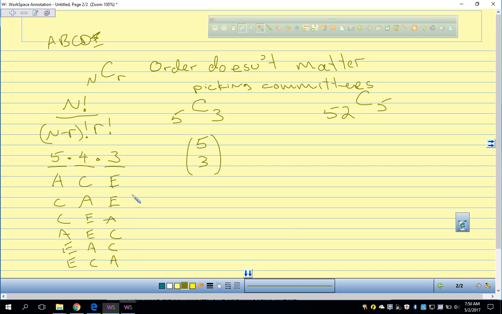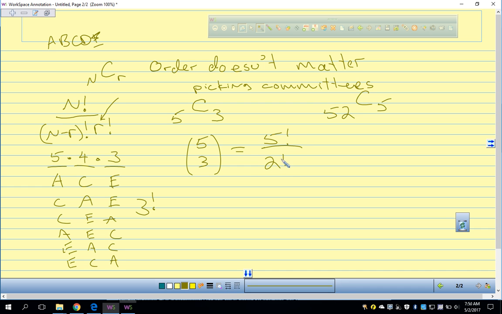Turns out there are 3 factorial ways to arrange those 3 positions for those 5 people. So with a combination I have to divide by the number of arrangements of those 3 objects. So 5 combination 3 would be 5 factorial over n minus r factorial, which is 2 factorial.